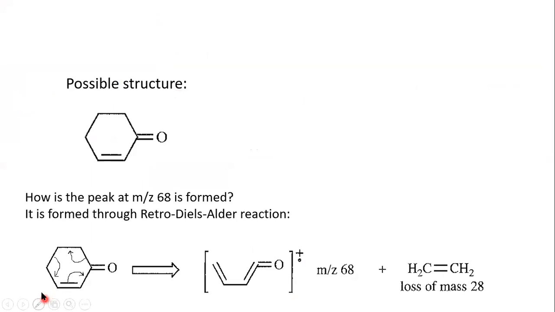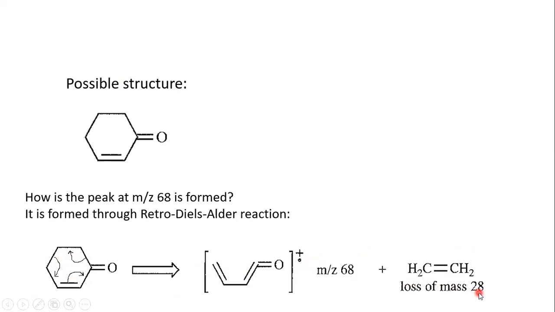This is how this ring breaks up. This electron pair goes here, this electron pair goes here, this electron pair goes here, and as a result it breaks up, and we get this radical cation and this neutral molecule that is lost. The mass of this is 28.